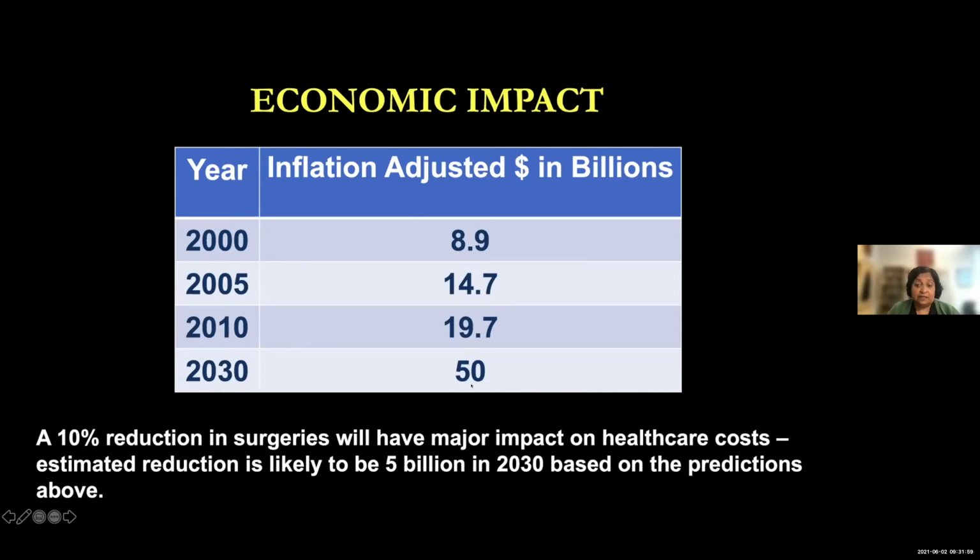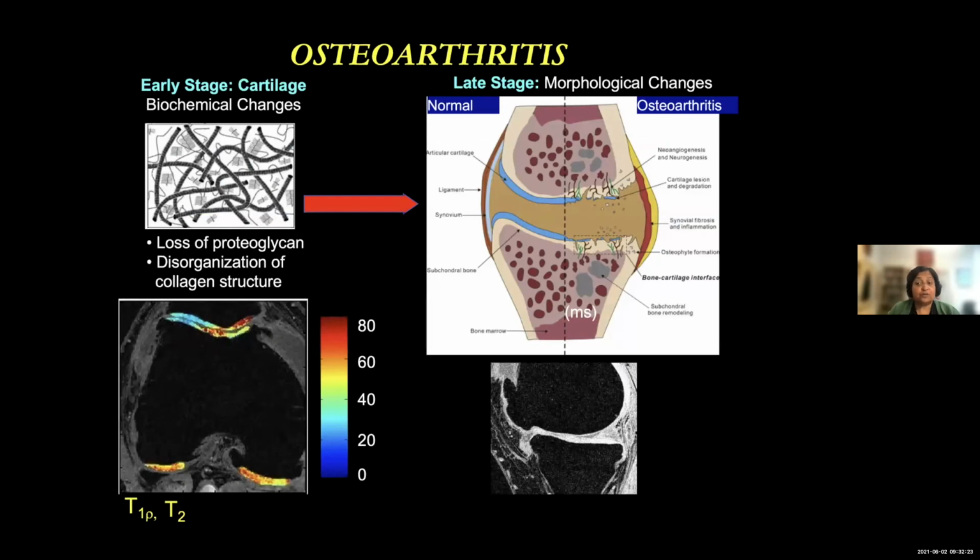And by 2030, given that previous model, it is predicted to be about $50 million. So a 10% reduction in surgeries will have a major impact on healthcare costs, and the estimated reduction is going to be significant, not to mention the issue of patients' quality of life and so on. So there's a significant impact of this. If there is any way we can help that, it would be really useful.